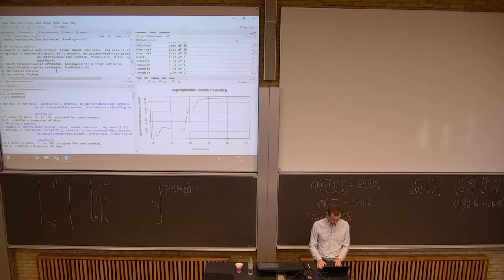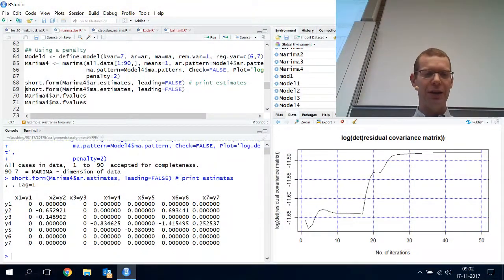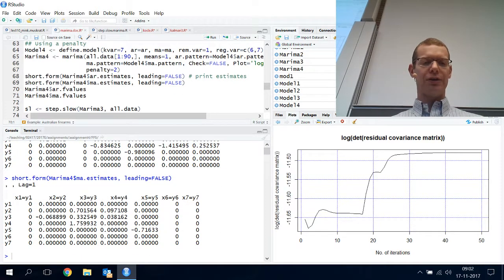Now, that means if I look at the AR values that comes out at the end, what I have is basically a matrix down here where a lot of the non-significant parameters are just removed. And likewise, the moving average part, I mean, there are still quite a few parameters, but not as much as we had before.